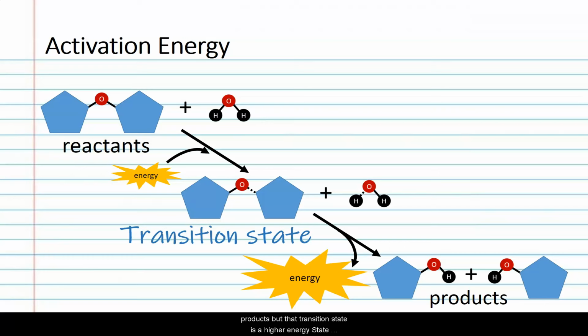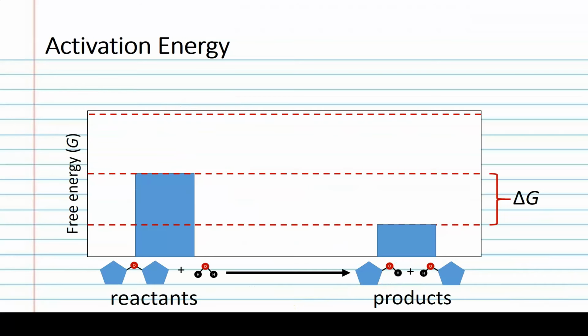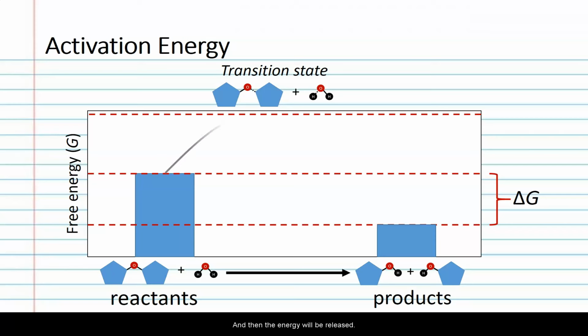But that transition state is a higher energy state than what we have in our reactants. So let's put this on our graph that we just had. So here we have our reactants, we have our products, but we have to pass through the transition state. So we're going to initially invest some energy in, and then the energy will be released.